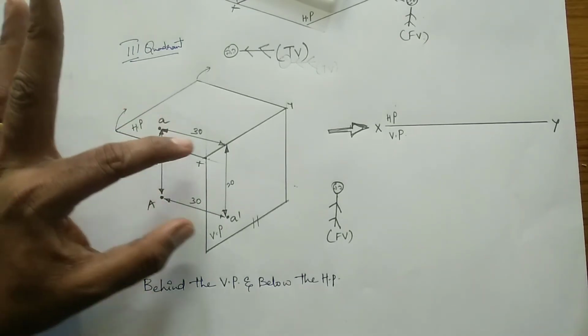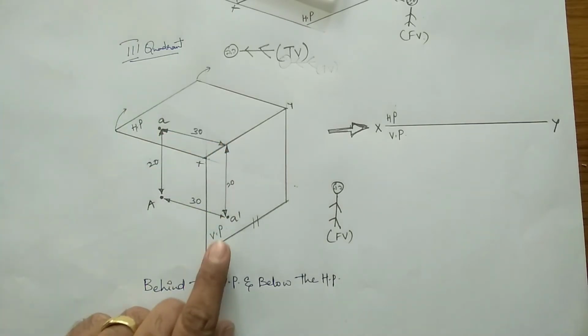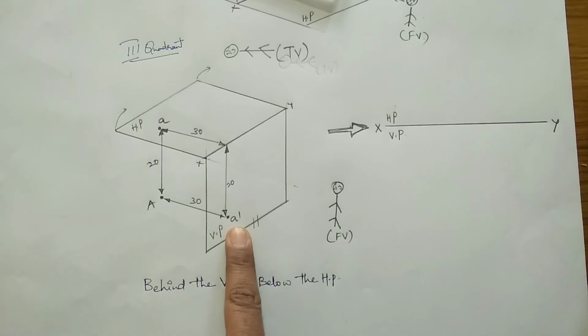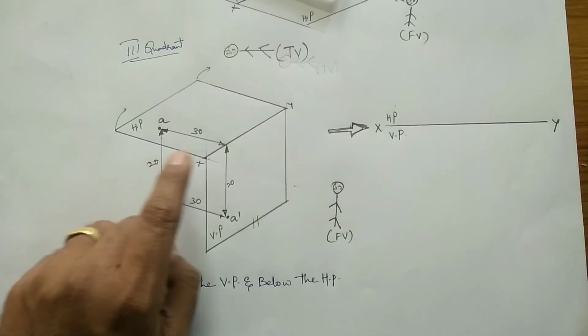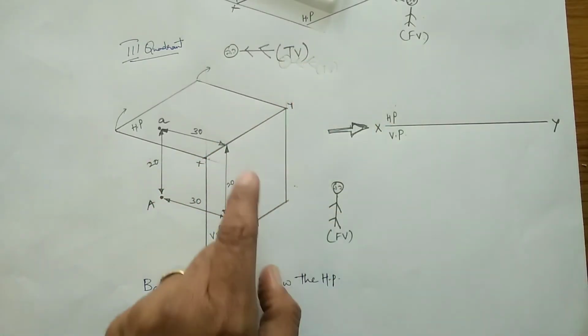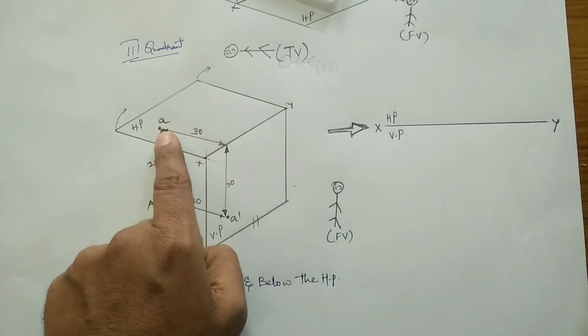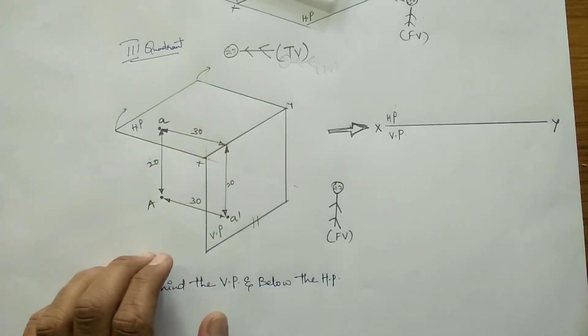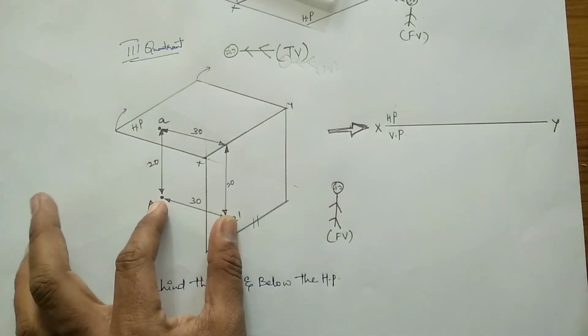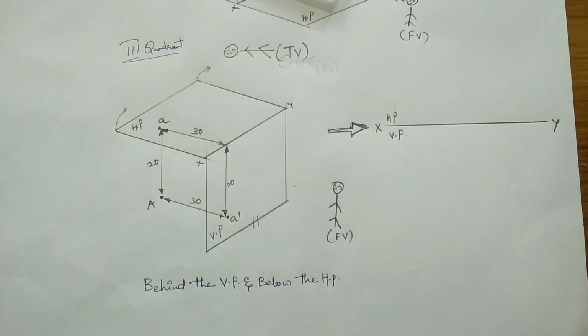This projection will be projected on the vertical plane at a distance of 20 mm. Whatever projections are on the vertical plane, we mark as A dash, B dash, C dash. And when we see from the top view, it is 30 mm behind the vertical plane. This will be projected on the horizontal plane.